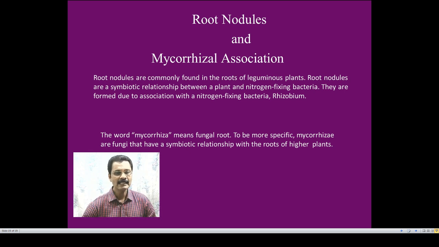With this, we can complete the root modifications. What are the root modifications? Roots modified as storage organ. Taproot is modified as storage organ. Adventitious roots modified as storage organ. Roots modified for mechanical support. Prop root is there. Stilt root is there.